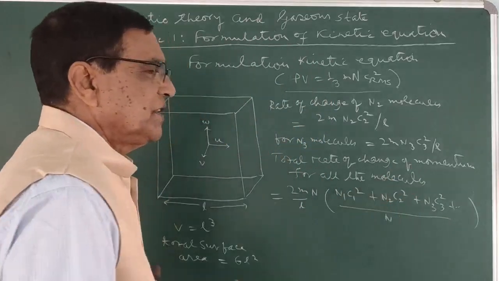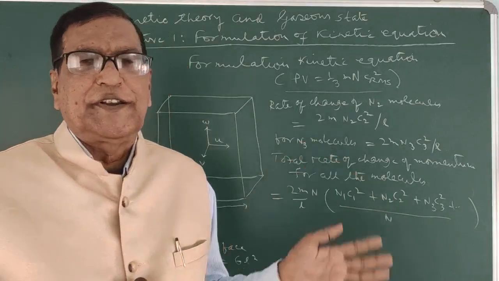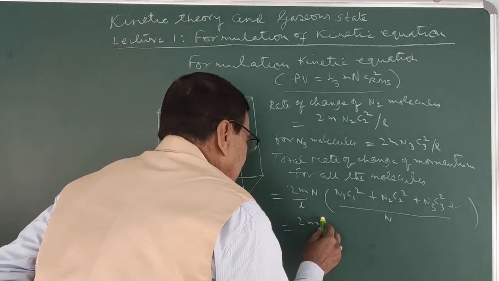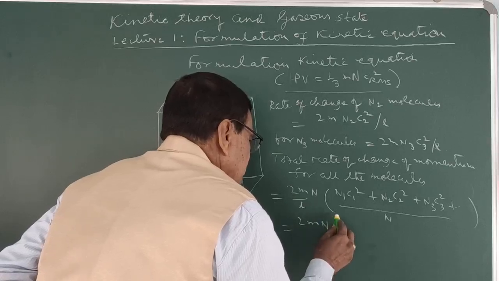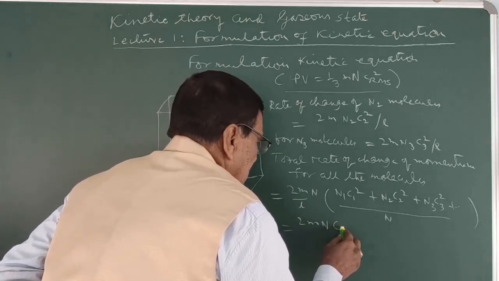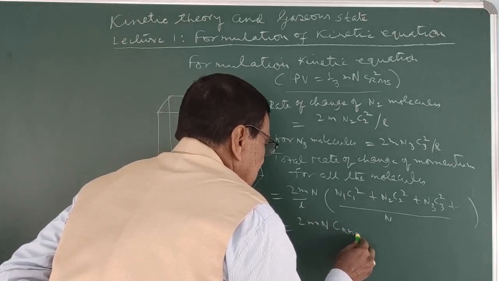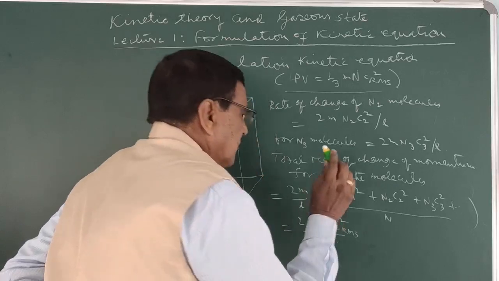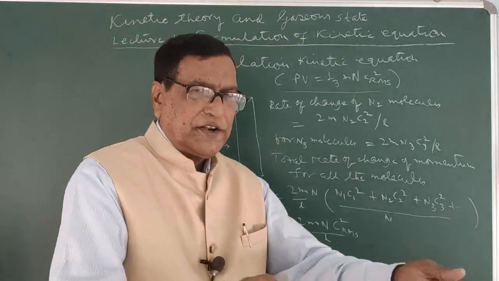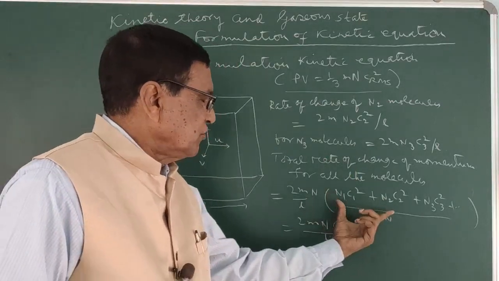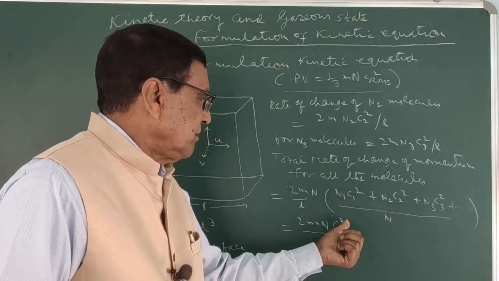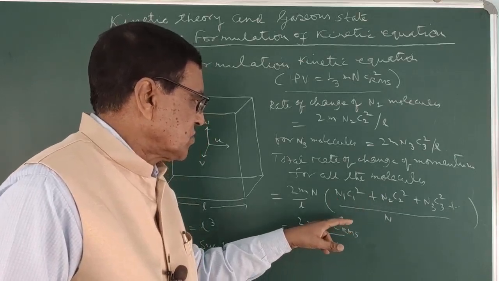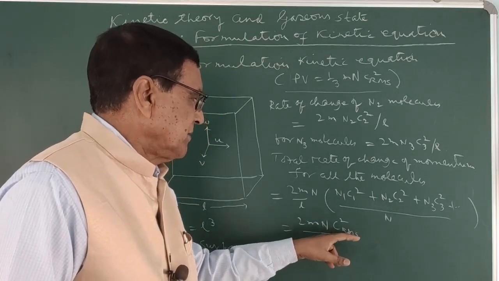The term within the bracket is the mean square speed. So this could be written as twice m N c RMS square divided by l. The term within the bracket, as I have already defined, is the mean square speed, or the square of the RMS speed.